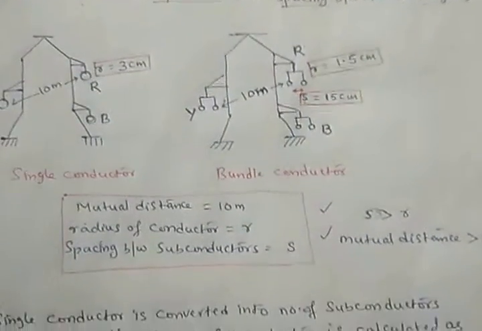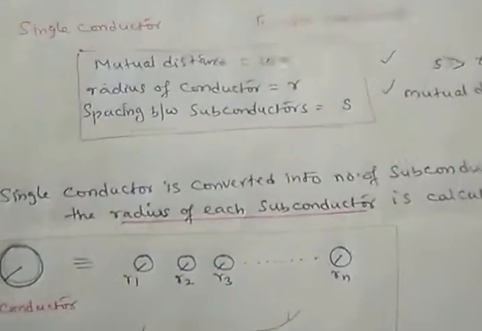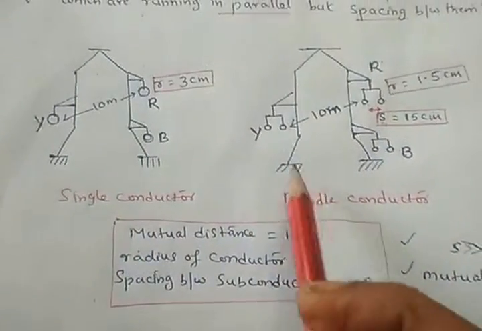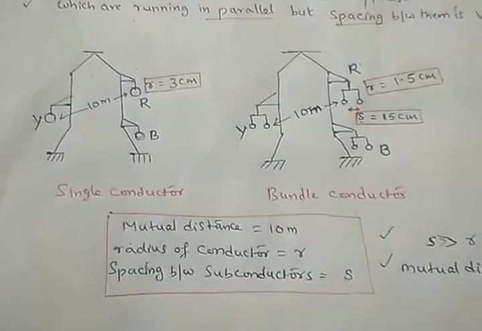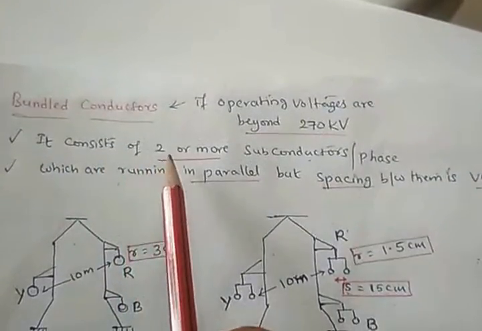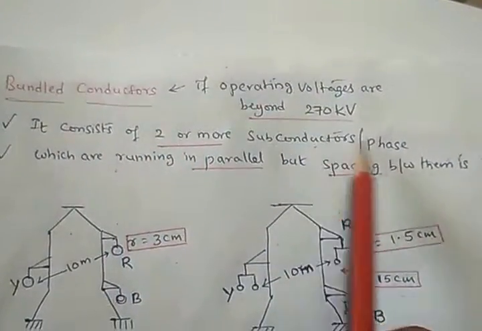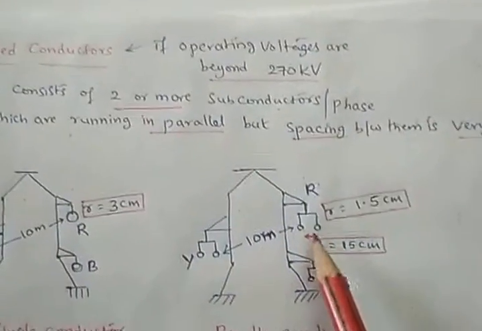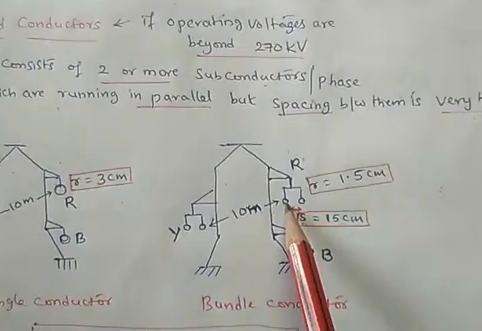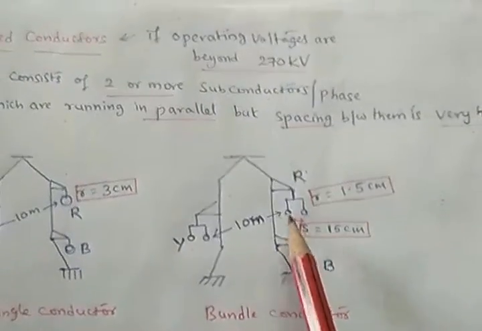Now if you continue the topic, we have considered single conductor and bundled conductor. Regarding the bundled conductor, it consists of two or more subconductors per phase. If you identify the diagram, here you get two conductors which are subconductors. It may be more than two also.